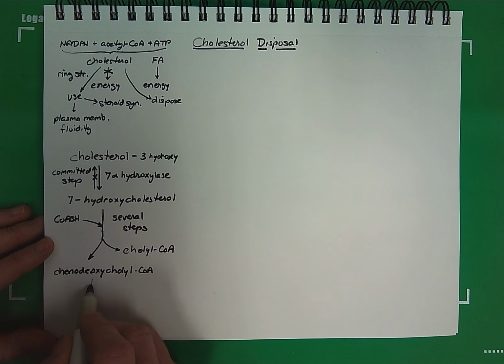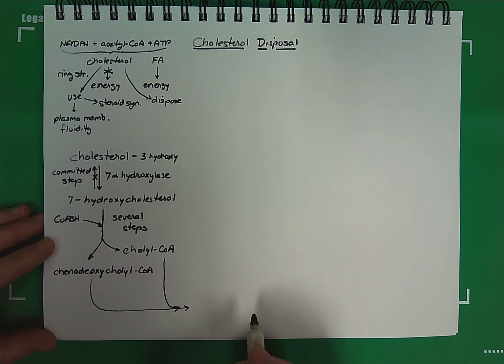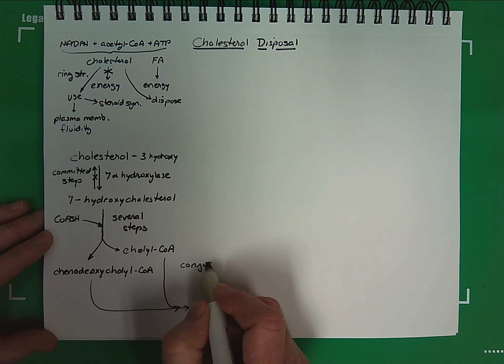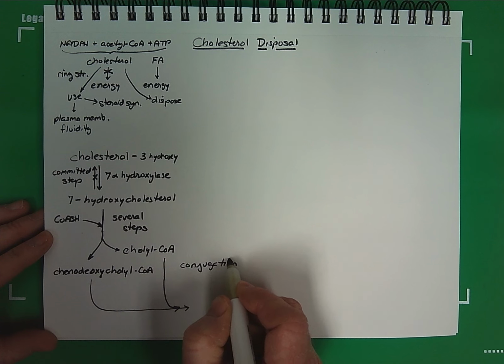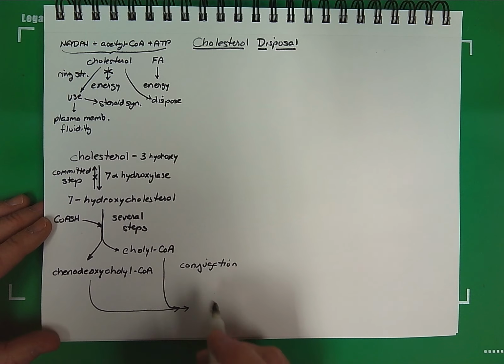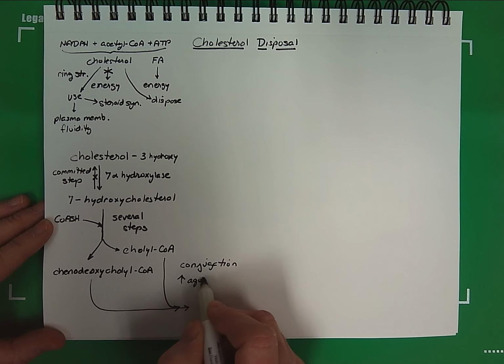Now the next step for both of these is what's called a conjugation reaction. The reason this conjugation is done is primarily to increase aqueous solubility.